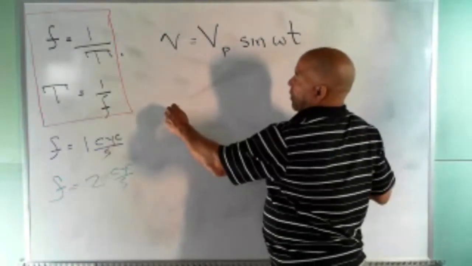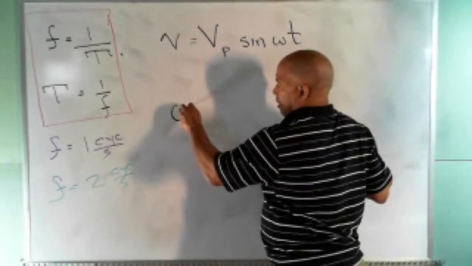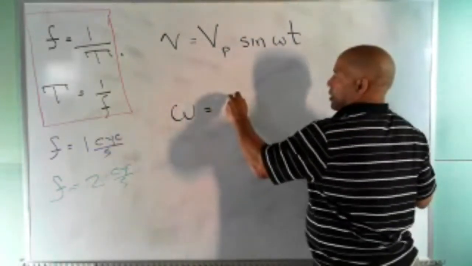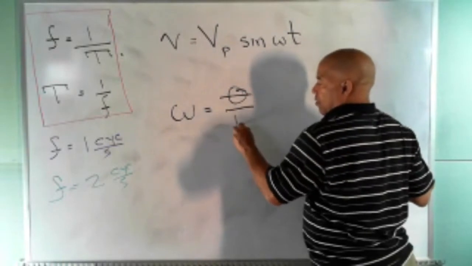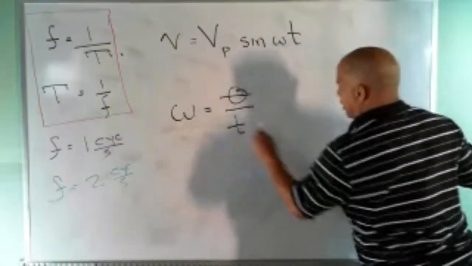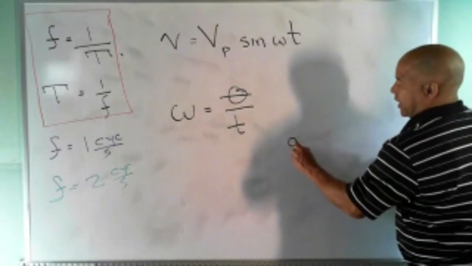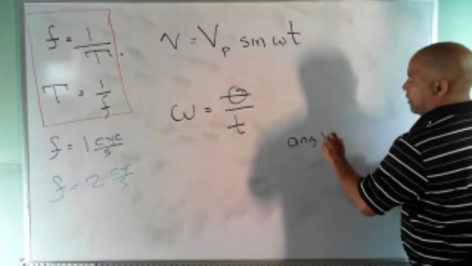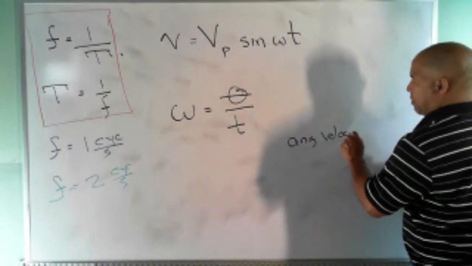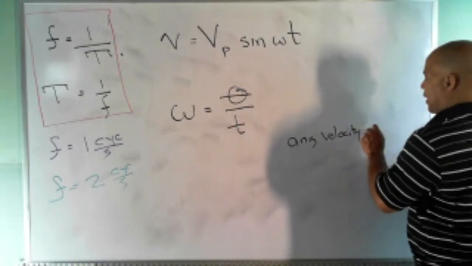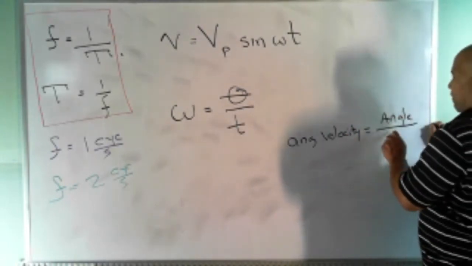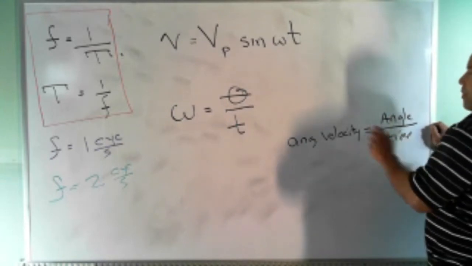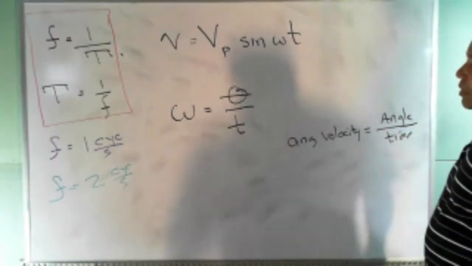Remember we said that omega equals theta over t, right? Omega, we said the angular velocity, so the angular velocity equals the angular distance divided by the time. That's what that means.